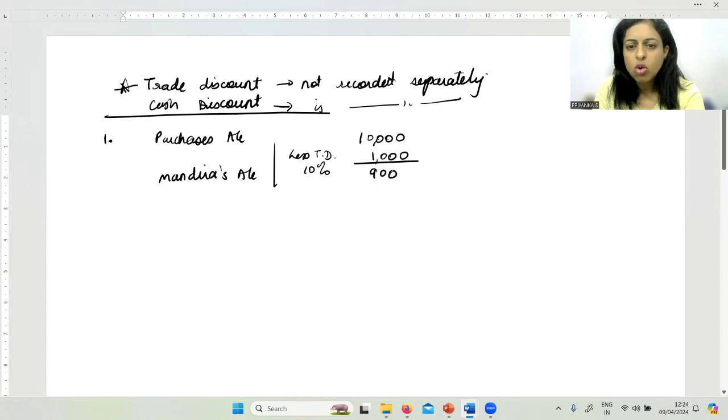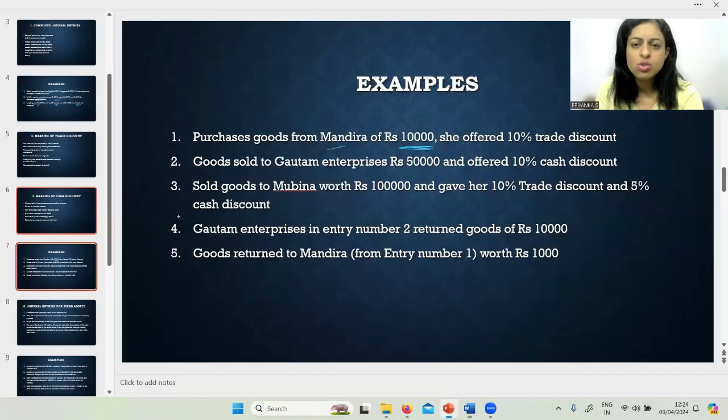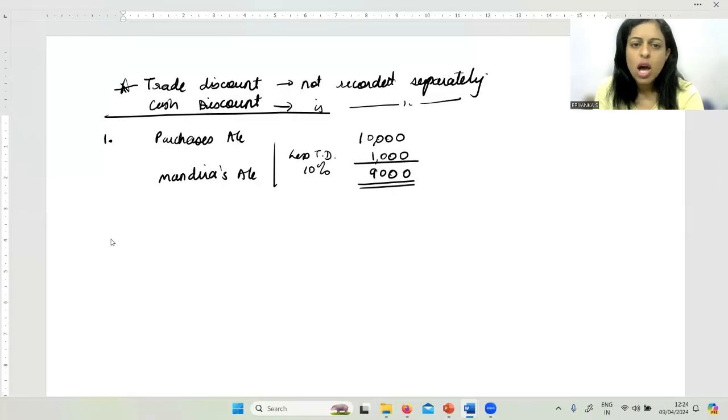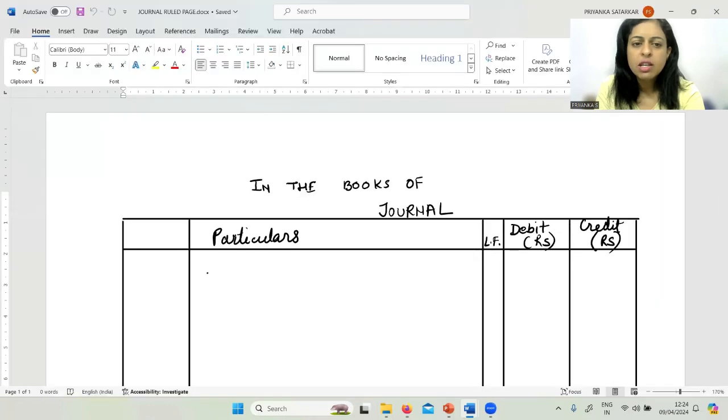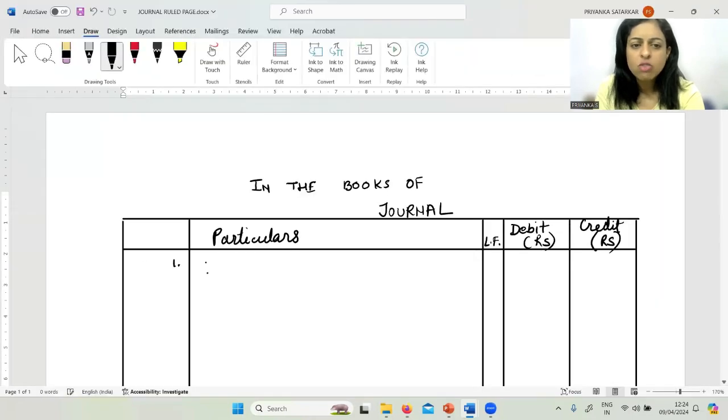So what is the value of my purchases now? Purchases will be valued at 9,000, right? So the transaction that I'm going to write will be written as purchases account. So let's put it in the journal directly. The first transaction will be written as purchases account debit and to Mandira's account.